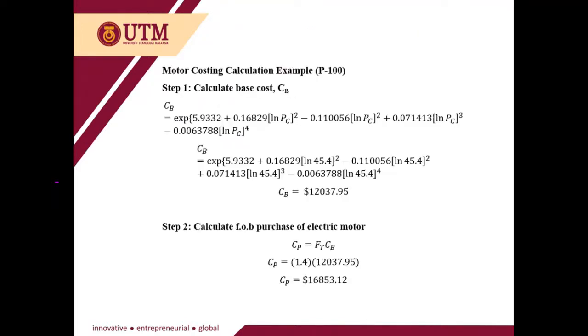Motor costing calculation example on pump 100. First step, calculate the base cost, which is around $12,000. Second step, calculate the purchase cost of the electric motor, and the CP is around $16,000.